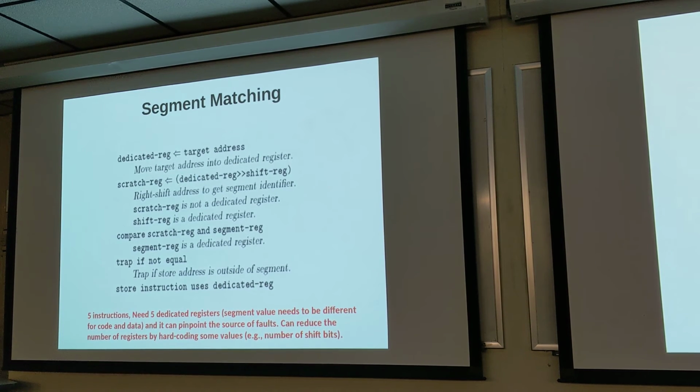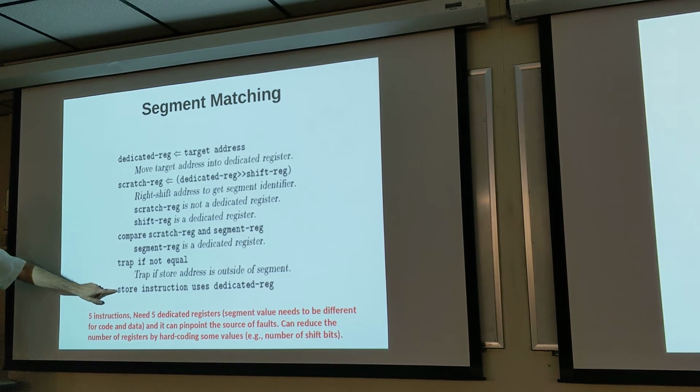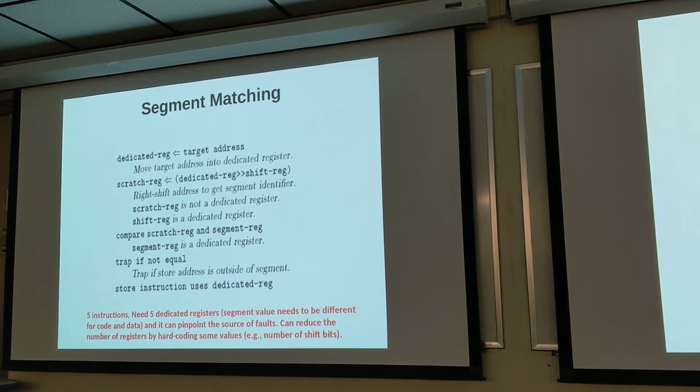So what if the untrusted code simply jumps directly here. So here is the store instruction that uses the dedicated register to do the store, right? If you jump to this location, right, then it looks like you have bypassed all the checks. Okay?